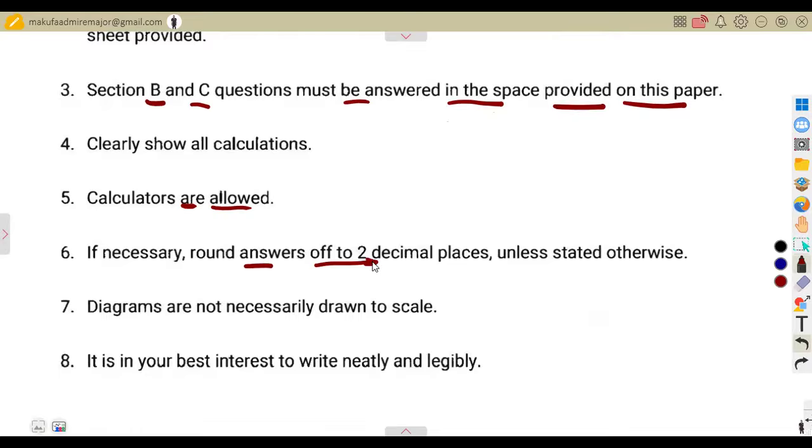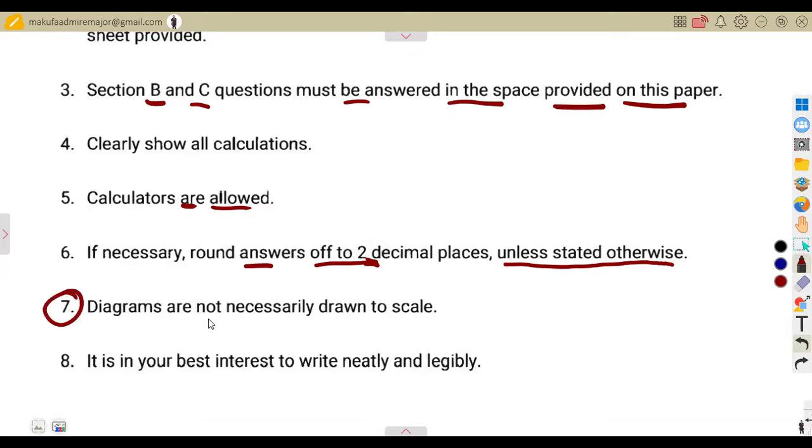Take note, to 2 decimal places unless stated otherwise. They can give you a certain instruction, maybe to 1 decimal place on that question. You have to follow that. But on all calculations that you're going to do, if they do not specify, you use 2 decimal places. Please be careful.